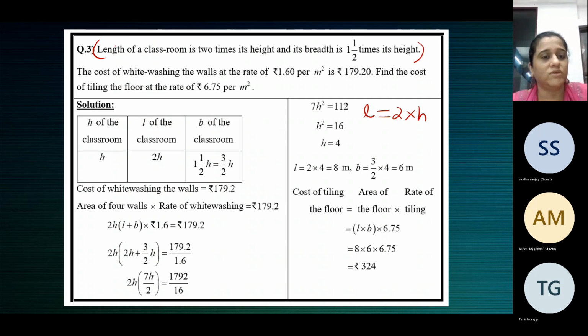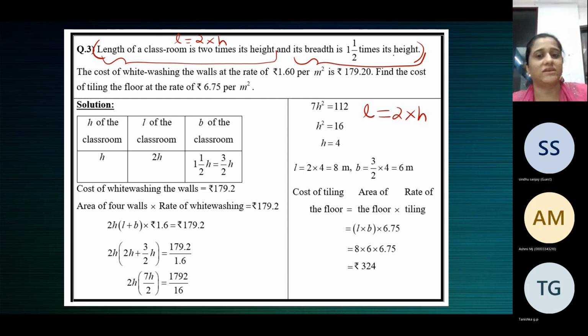From here to here, what is written in English is only this in maths: L is equal to 2 into H. That's all it is in maths. And its breadth is 1.5 times its height. So B is equal to 1.5, meaning 3 by 2, times H. That's all. Yes or no?